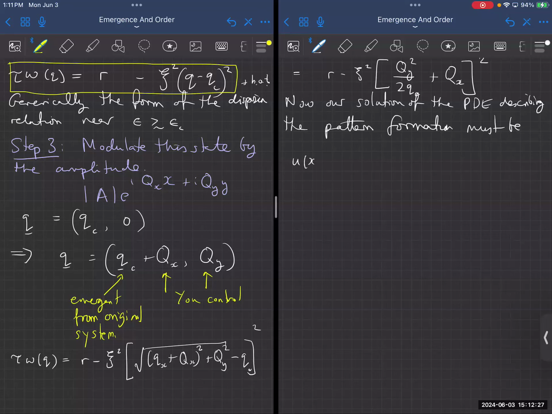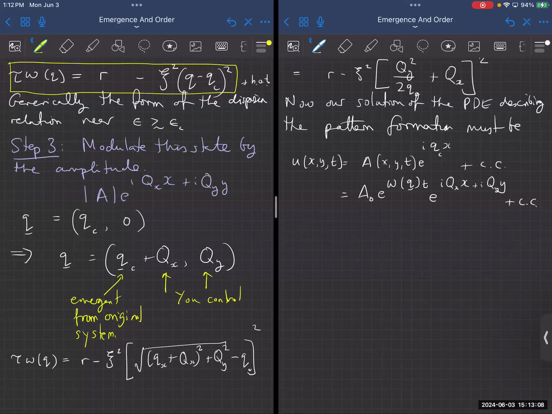It's going to be u of x, y, and t is equal to A of x, y, and t e to the i qc of x plus complex conjugate. And now let's plug in this formula. So that equals some A naught e to the omega of q and t e to the i qx x plus i qy y plus complex conjugate. So that's what the solution looks like.